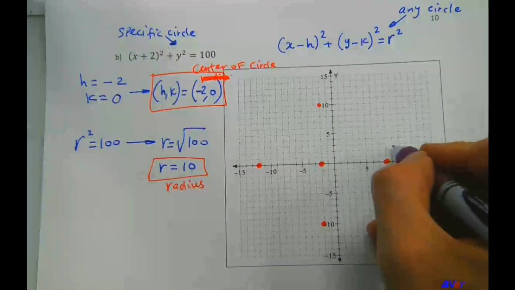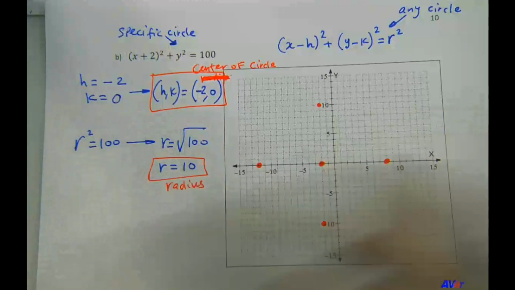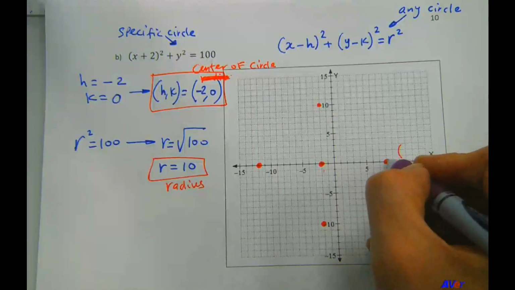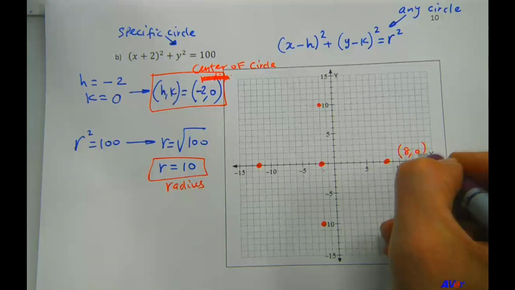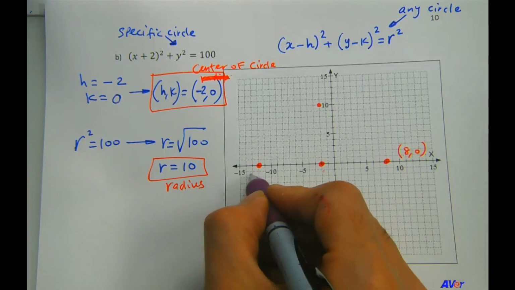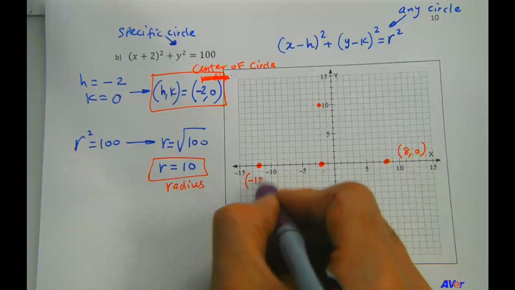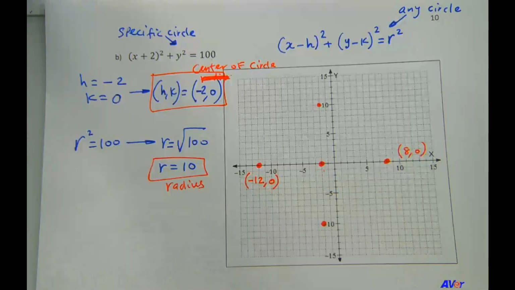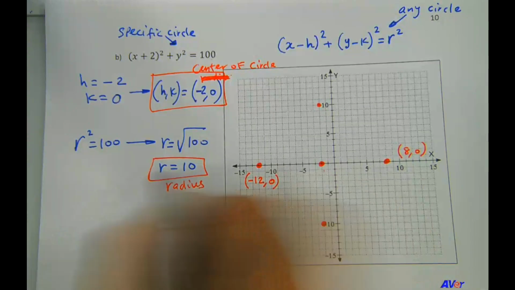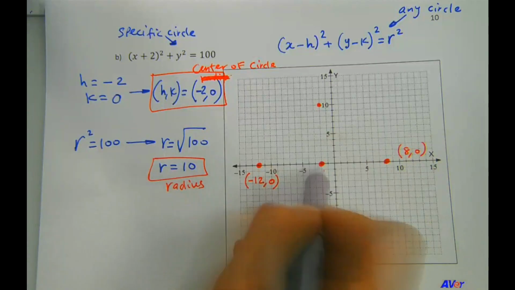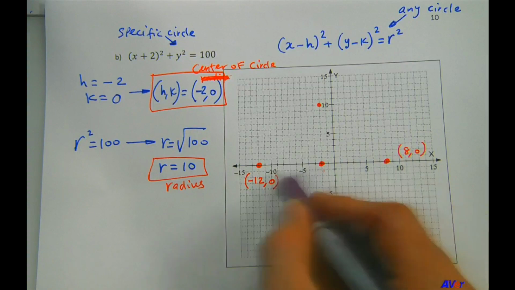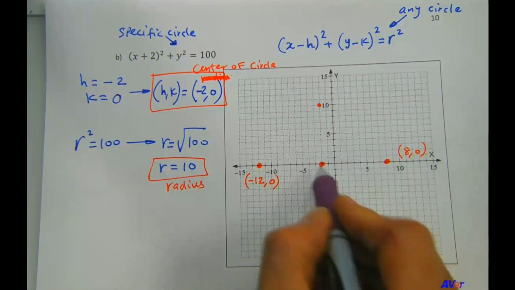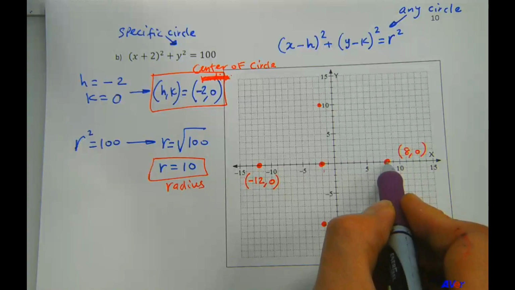Okay, so let me label these points. This is positive 8 comma 0, and this is negative 12 comma 0, right? Because radius is 10, I'm just taking 10 units on each side of the center, and I get these values that way. So 10 plus negative 2 is positive 8, right?